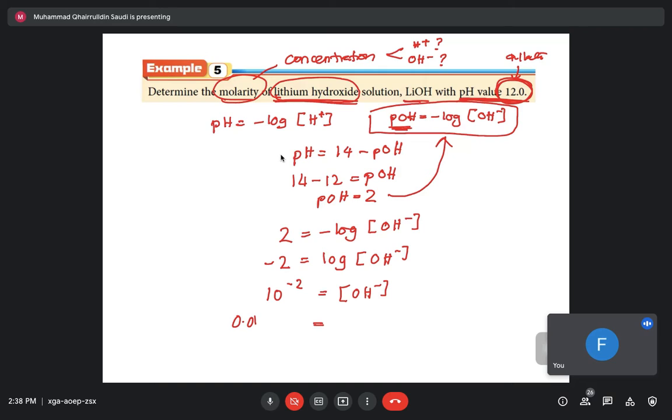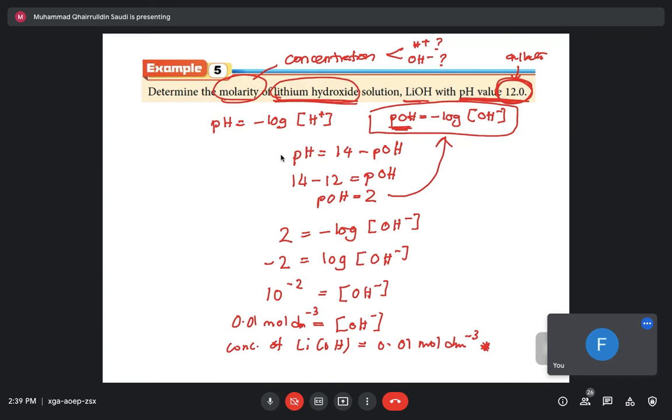Okay, concentration atau molarity ada unit. Apa unit dia? Mol decimeter cube. Yes, mole per decimeter cube. So itu adalah concentration of hydroxide ions. Dan kita tahu concentration of hydroxide ion is equal to the concentration of lithium hydroxide. So the concentration of lithium hydroxide, LiOH, is equal to 0.01 mole per dm cube.